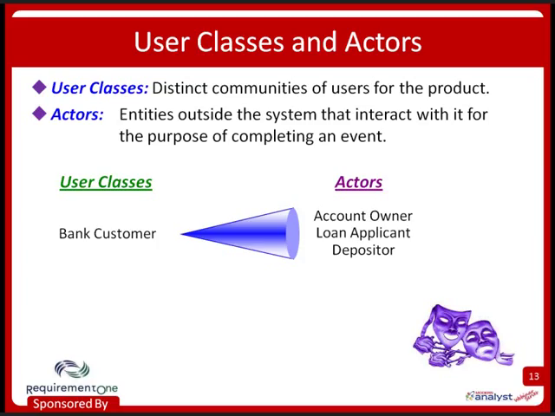Or other times, that very same human being, bank customer, might come in and apply for a loan, in which case they're a loan applicant, or maybe they're just depositing a check into their company's or their spouse's account, in which case they're a depositor.